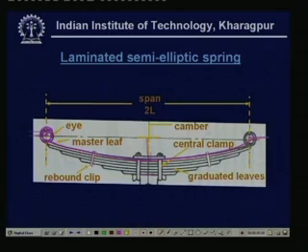Now, these are called rebound clips. What are these rebound clips? The rebound clip is mostly required so that whenever a certain amount of loading comes over the spring, this rebound clip helps to share some loads from the master leaf to the graduated leaves.